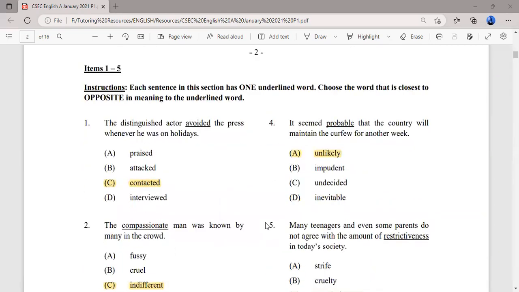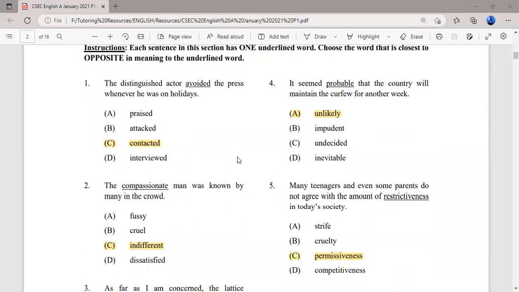So let us begin. In our first section, we have 5 items, and the instruction reads, each sentence in this section has 1 underlined word. Choose a word that is closest to opposite in meaning to the underlined word. So number 1 reads, the distinguished actor avoided the press whenever he was on holidays.